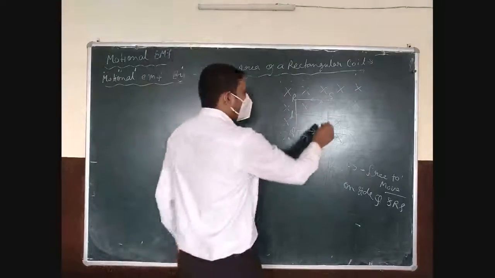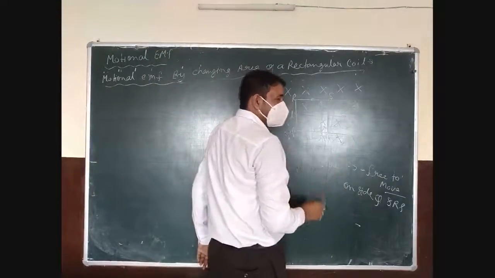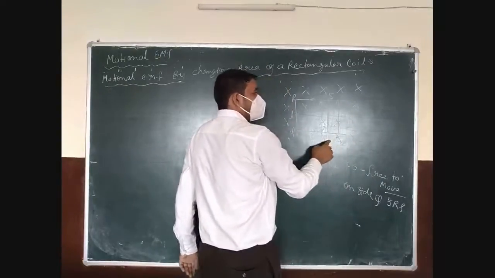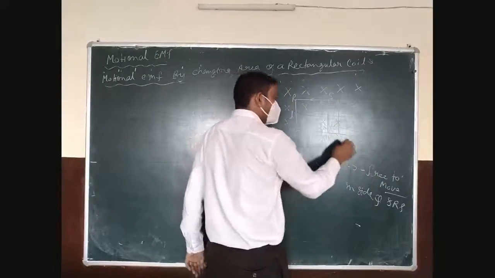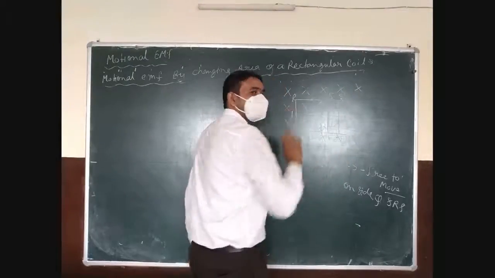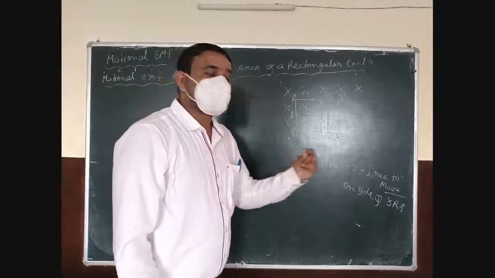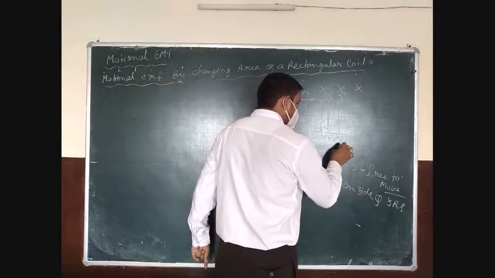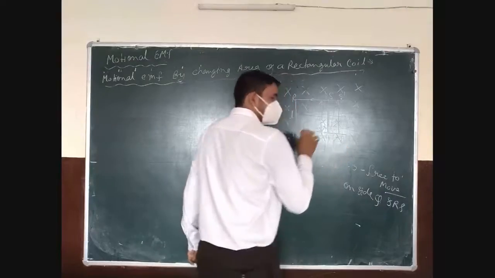Now after a certain time, let's say after time delta t, the side PS is moved to P dash S dash, such that it is displaced by this distance dx.